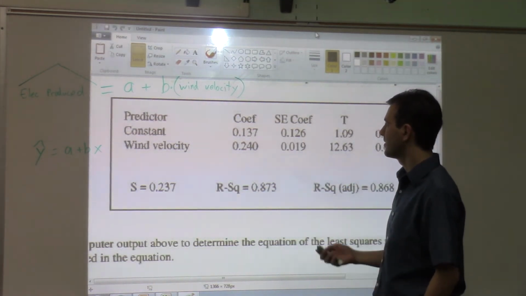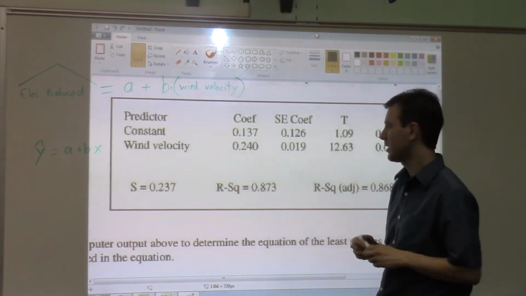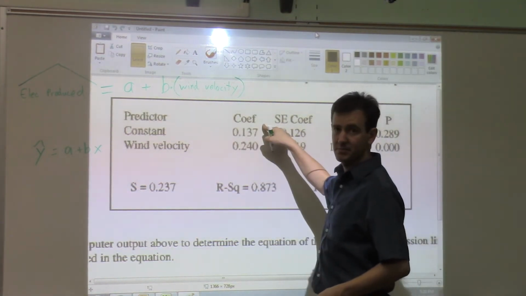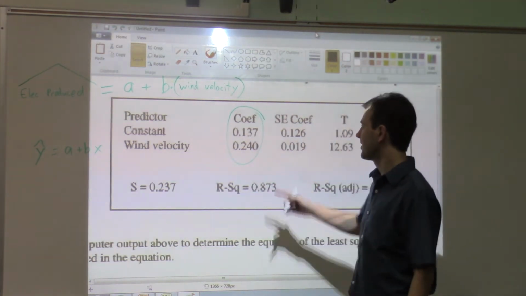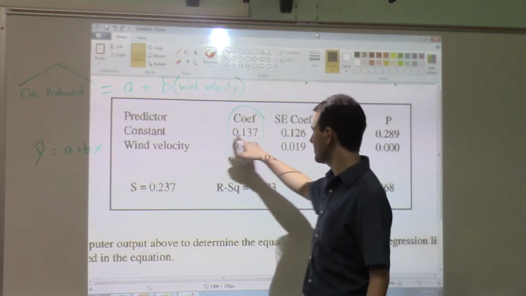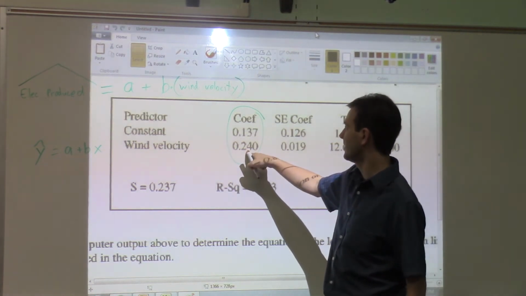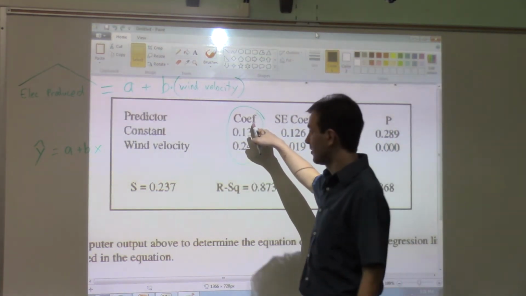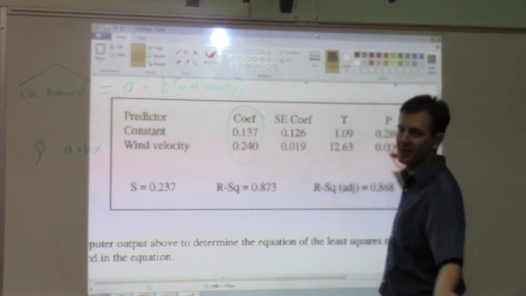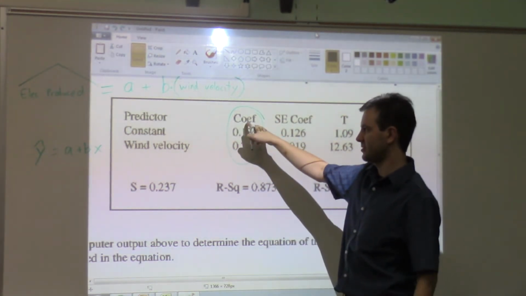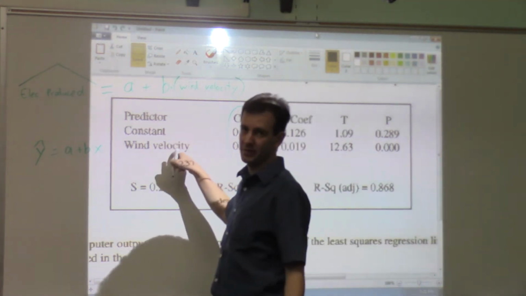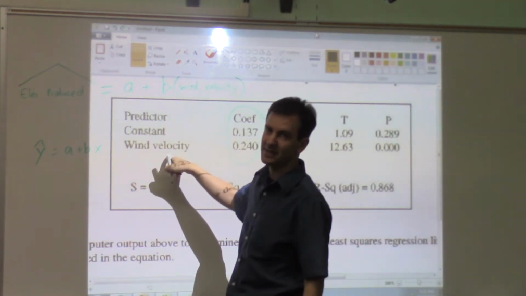The main place you want to look is the coefficients: the constant coefficient and the wind velocity coefficient. COEF stands for coefficient. It'll be like the first row of something that looks like this, but it'll generally say coefficients or just C for both constant and wind velocity, and whatever the x variable, the explanatory variable, is.